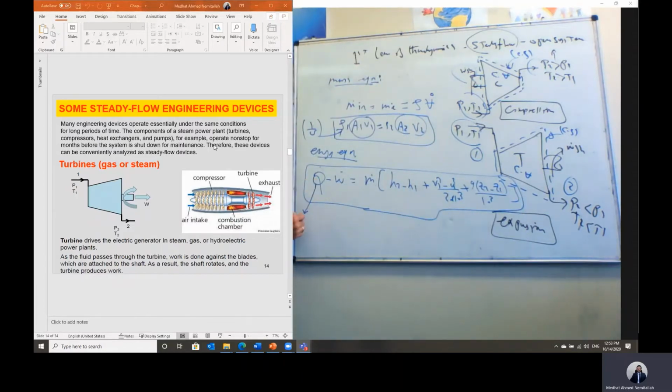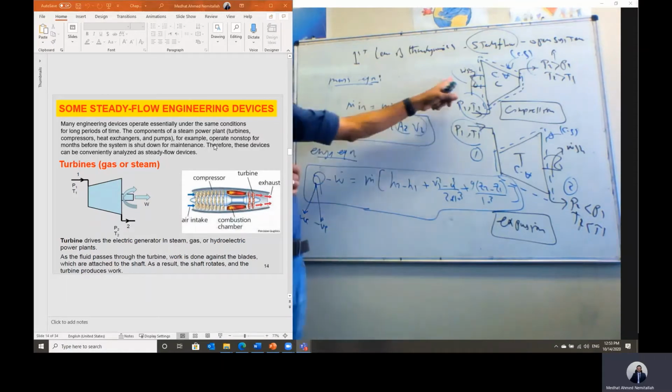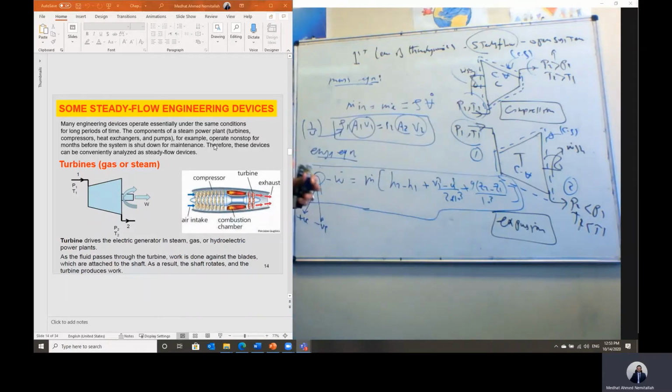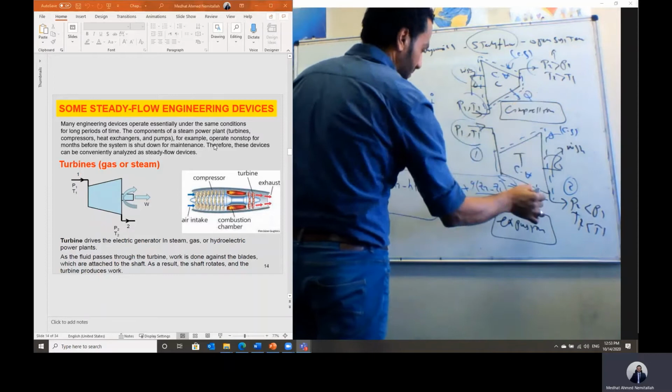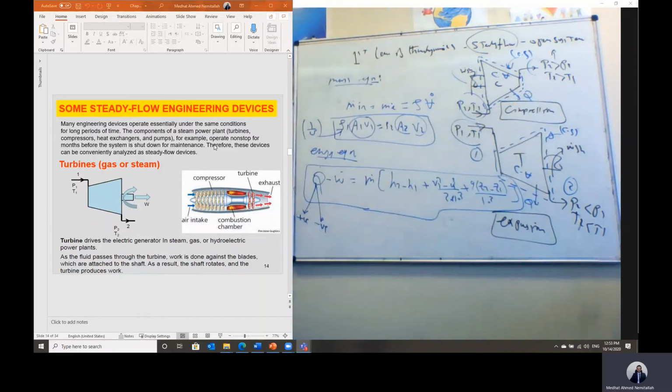This heat transfer, we said, should be positive or negative depending on whether heat is added or rejected. Usually turbines and compressors are adiabatic systems; we don't have heat transfer. But in some cases we may have some heat losses from the body of the turbine or compressor. If it is given, it is usually rejected heat, so it should have a negative sign.